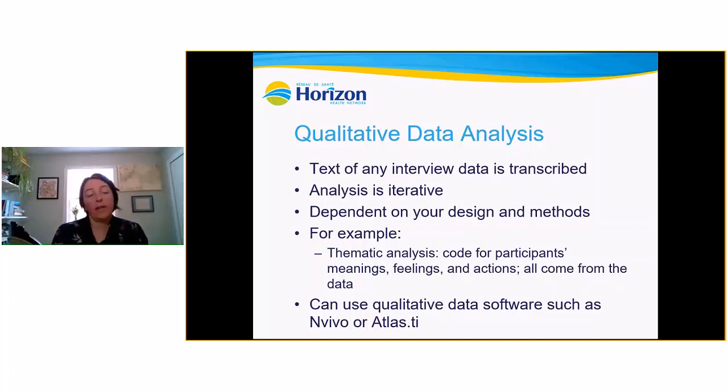Your analysis is iterative, and this is what helps with the rigour as well, if you are analyzing your data as it comes in, which in qualitative research, as opposed to quantitative, is in fact what you should be doing. Number one, you're being iterative in the sense of analyzing as you go.